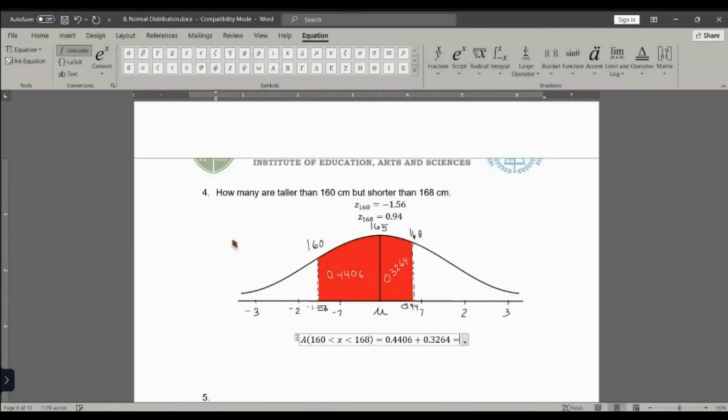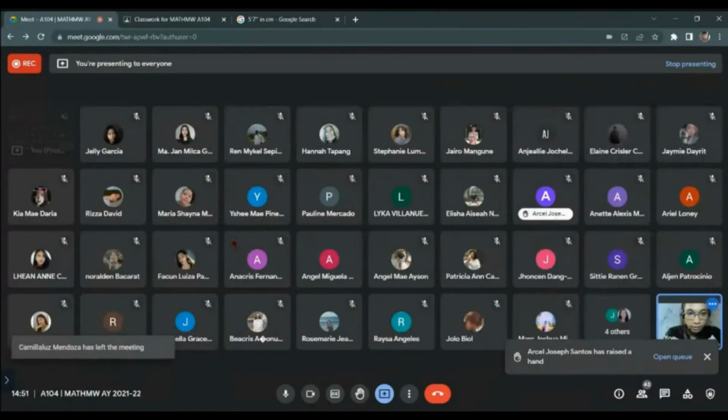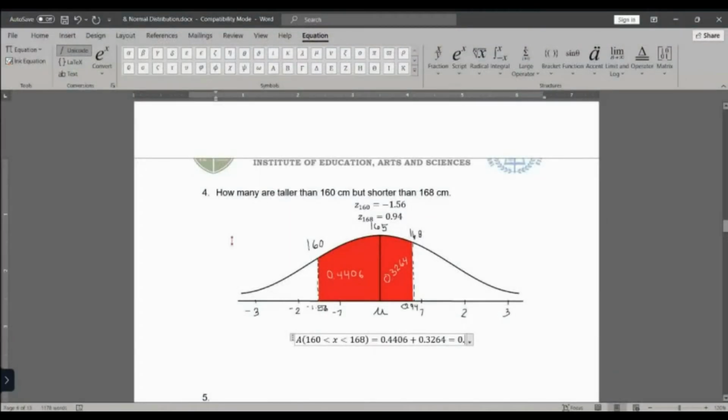What is their sum? 0.767. 7670. Para 4 decimal places tayo.